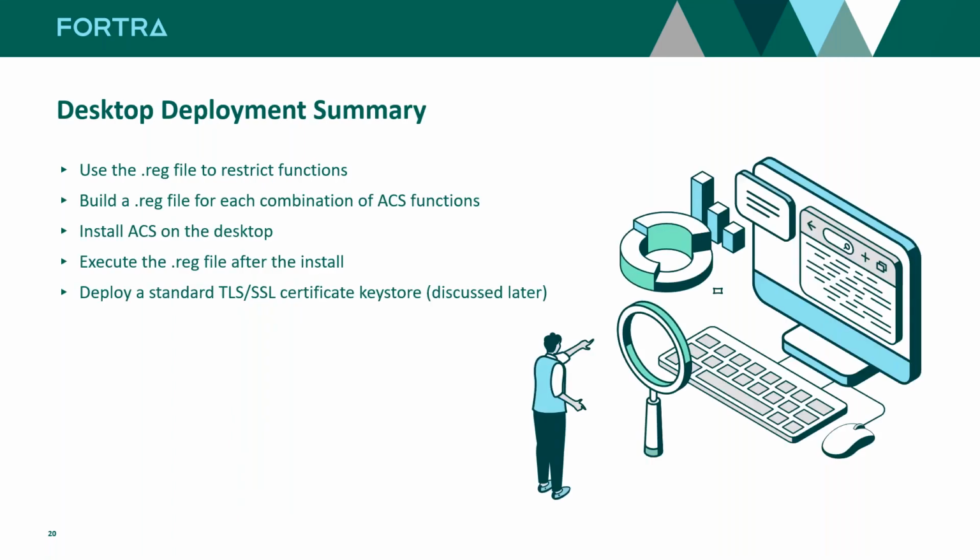So let's go back over what we've talked about and sum it up for that desktop piece. Yeah, so you want to use the registry file to restrict the functions, and we just went through how you build that registry file, and you can build it every time. I'm sort of efficient, so I build it once and manipulate the U's and the R's. You want to install ACS on the desktop, just a normal install, and you can even select all of the functions if you want to, or none of the functions.